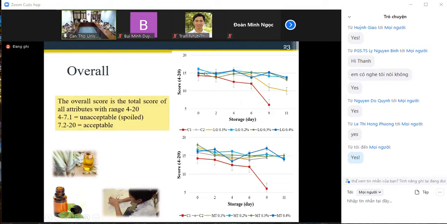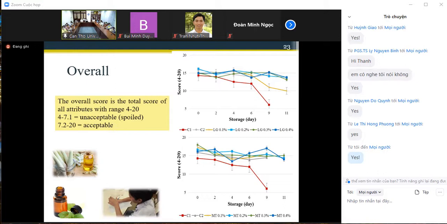And it is much lower compared to the others that were soaked with other solutions. This is because, first, when we're talking about the taste, the salt, sorbitol, and others give taste to the fillet, which makes the score increase. And for the odor, the essential oil can cover the fishy odor of the fillet, that's why it's higher.